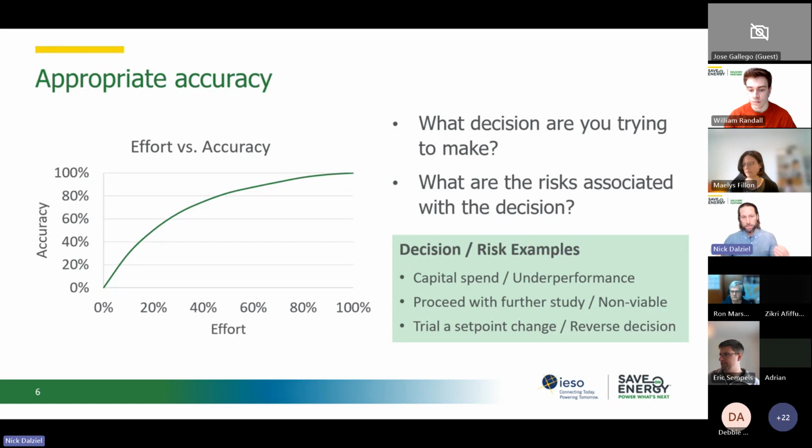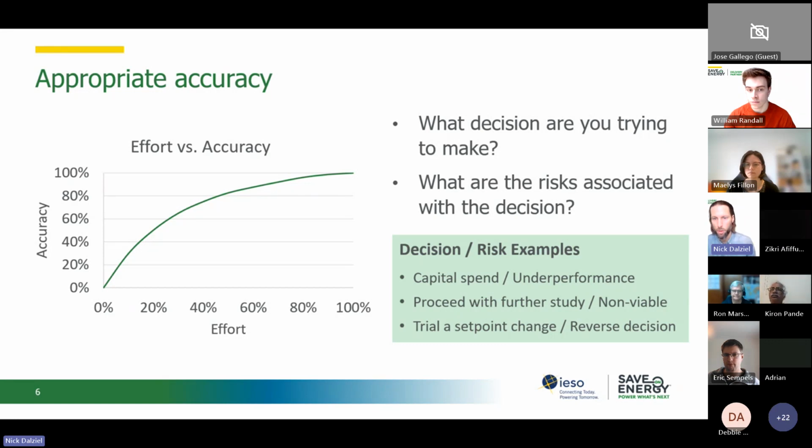As we go down that kind of decision or risk threshold, though, the other reason you might be developing an estimate is to just proceed with further study, where the outcome might determine that the project's not viable. So the level of consequence is diminished. And then for operational changes, you might be trying to justify whether you should trial a change in operations that is completely reversible.